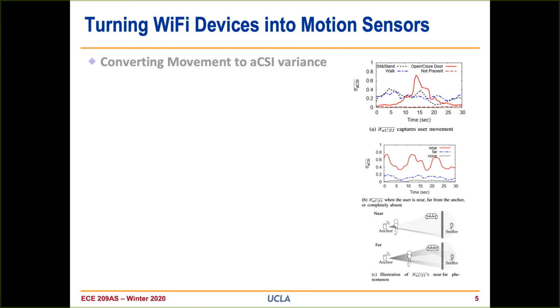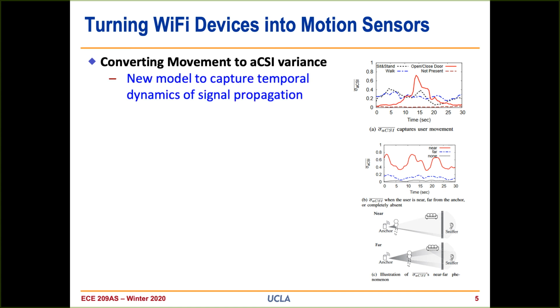All right, so in terms of how to perform this type of attack, essentially we use a new model to capture temporal dynamics of the signal propagation using this particular equation here. What is done is that the amplitude of the channel state information variance, the ACSI, is measured using the received signal strength from each of the frequency subcarriers.